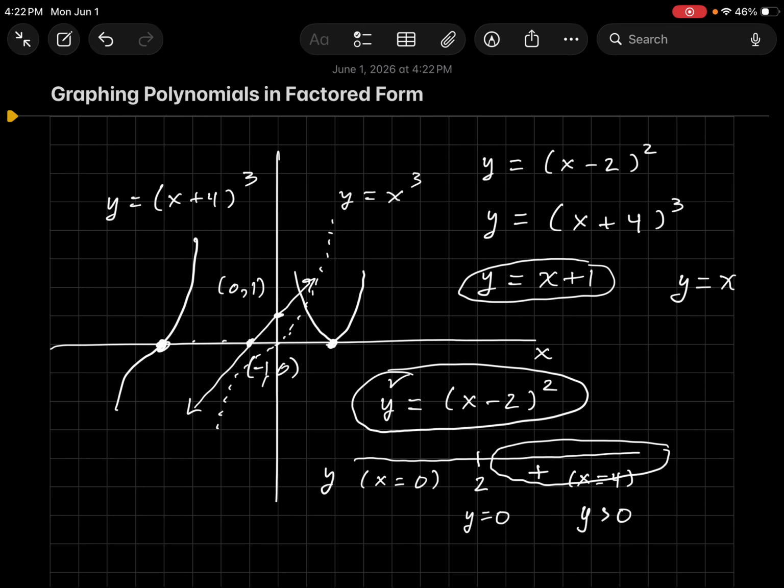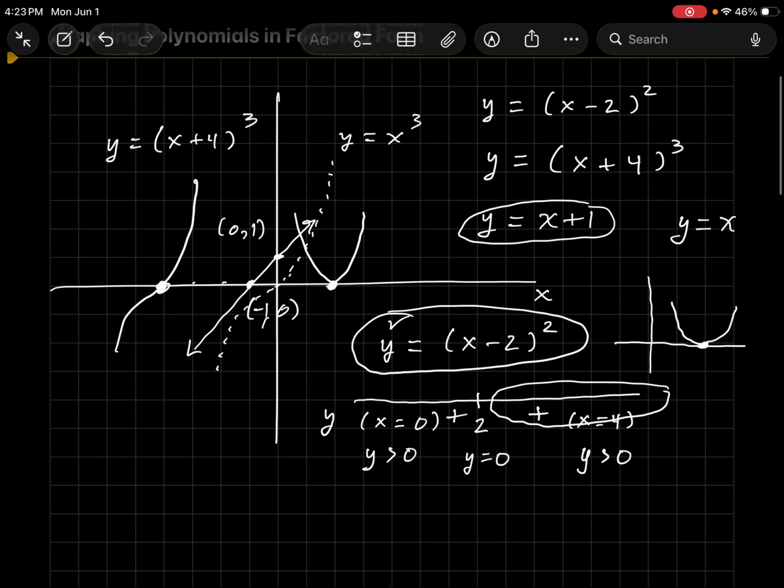So if I choose x equals 0 and plug it into y, I get negative 2, all squared, which is positive. So what happens here, and I'll redraw it right here on the side, is that we have x equals 2 is the 0, and then y is positive to the left and to the right. So we bounce off the axis.